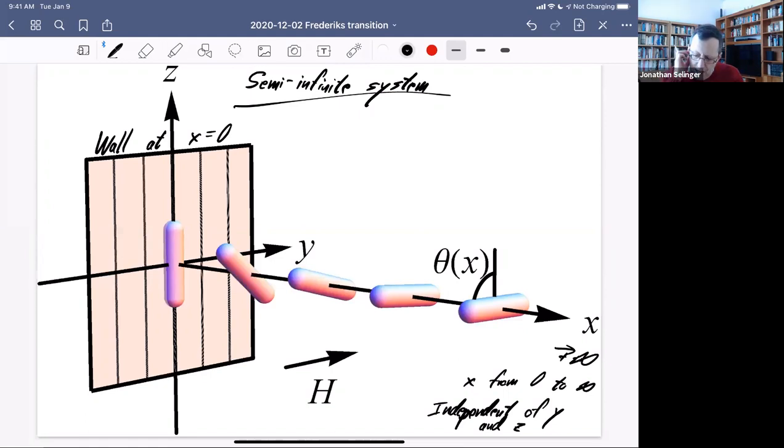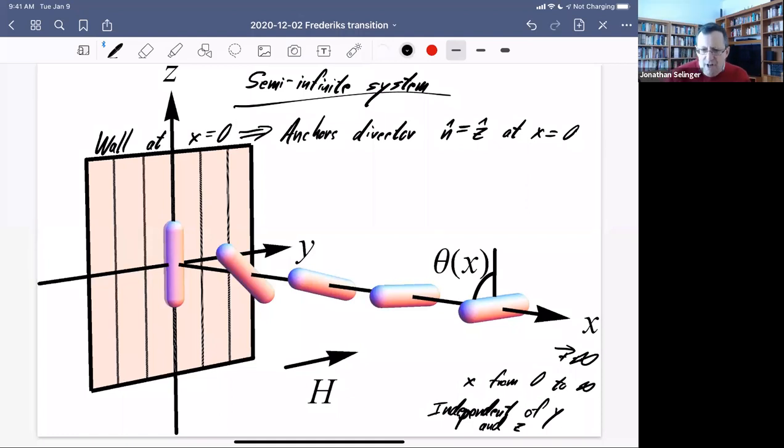Now suppose that the wall is designed so that it strongly anchors the director, so that n has to be in the z direction at x equals 0. Your other, more experimentally oriented classes will teach you how to make a wall that does this kind of thing.